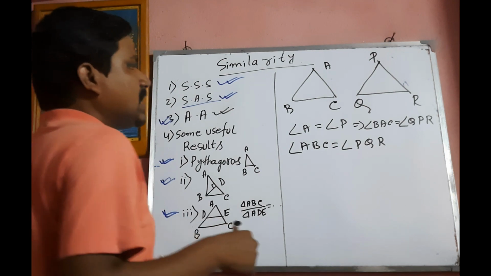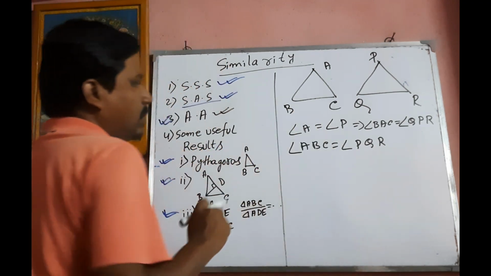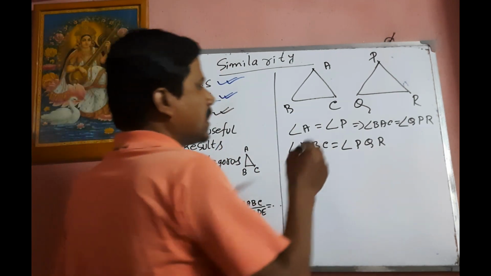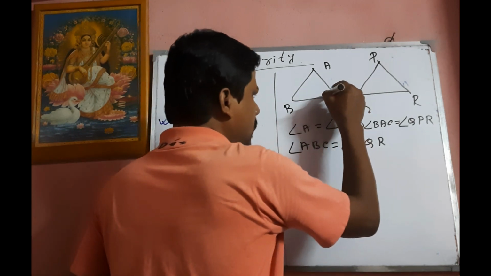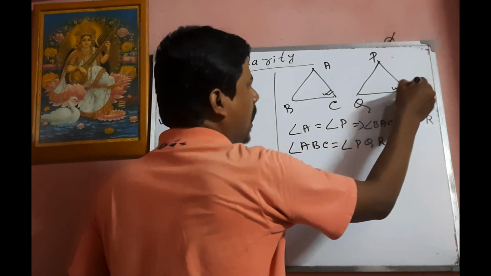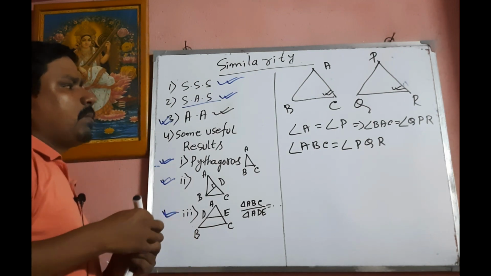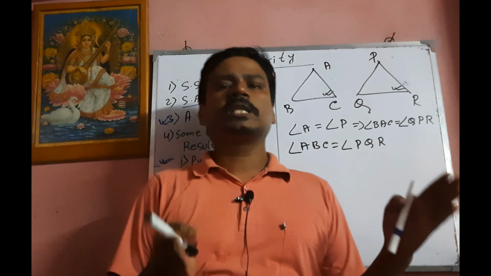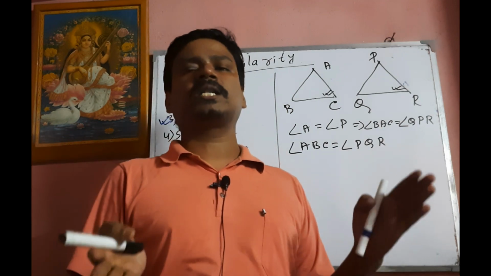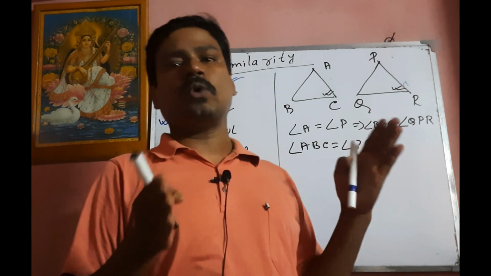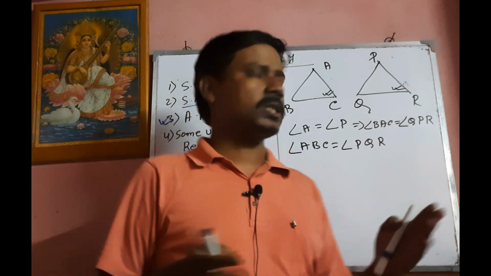Then we can say these two triangles are similar triangles because angles C and R are automatically equal, because we know that the sum of the three angles is 180 degrees for any triangle.